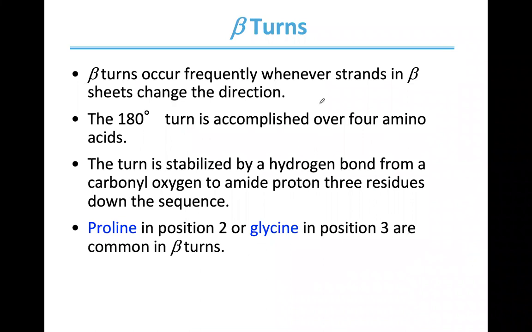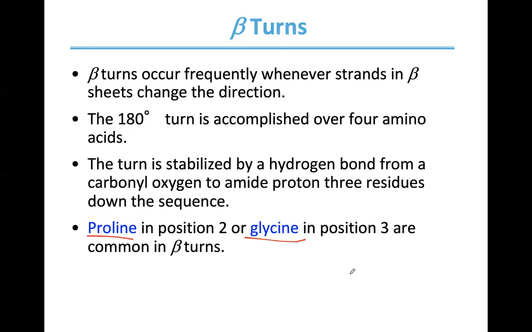So frequently, whenever strands in a beta sheet change direction, that's what I just drew for you, the 180 turn is accomplished over 4 amino acids. And so the turn is stabilized by a hydrogen bond from a carbonyl oxygen to an amide proton 3 residues down the sequence. And here is where proline and glycine are actually favorable amino acids, right?